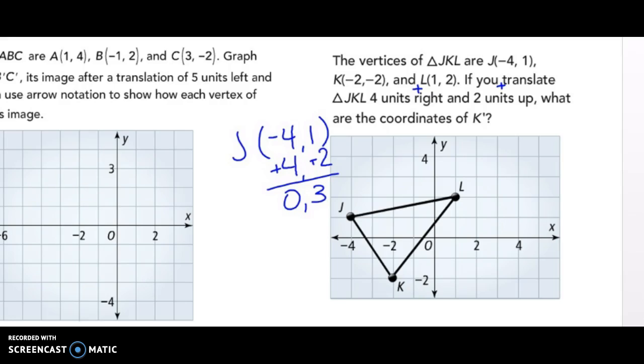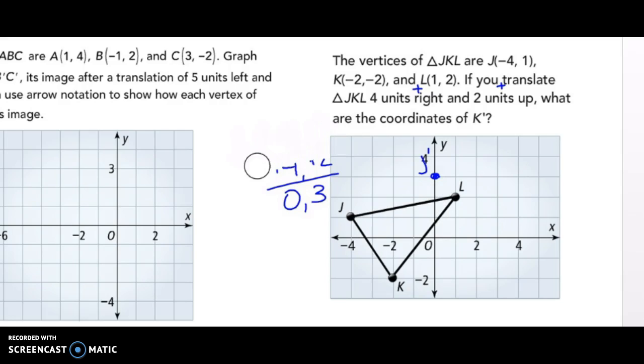And then let's take a look and see if that is going to work. So we translate the J 4 units to the right, 1, 2, 3, 4, and 2 units up, 1, 2, which is in fact (0, 3). So this is J prime.